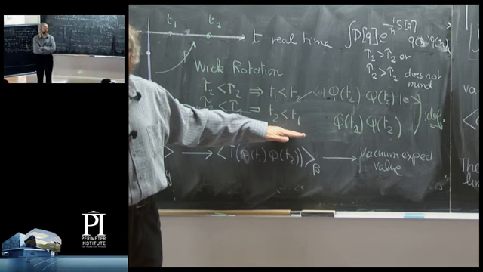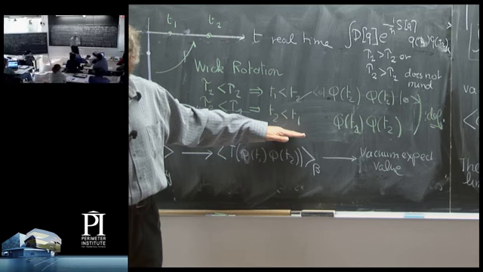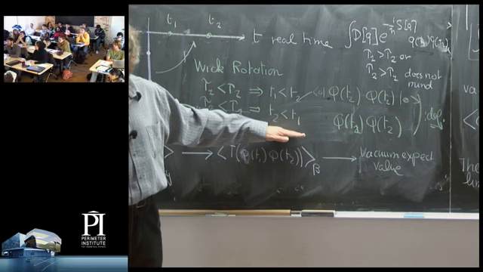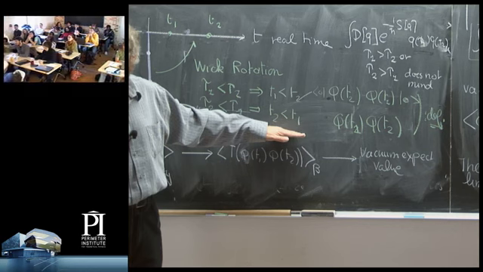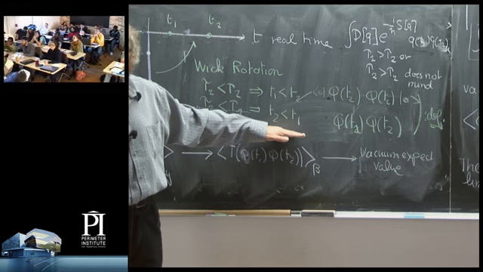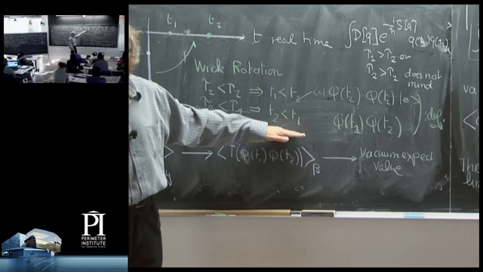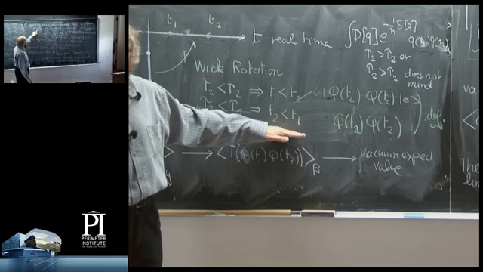But, yes? Why did you put A of Q sigma equals 0? Why are you considering sigma equals 0? That's simply because this is an observable. In principle, you can measure an observable at any time.